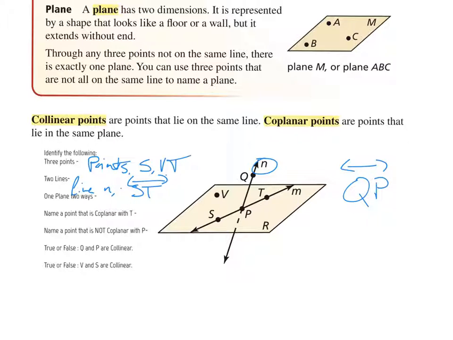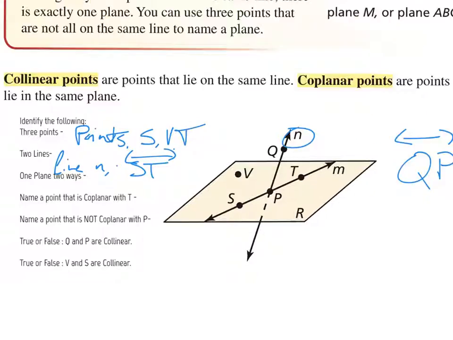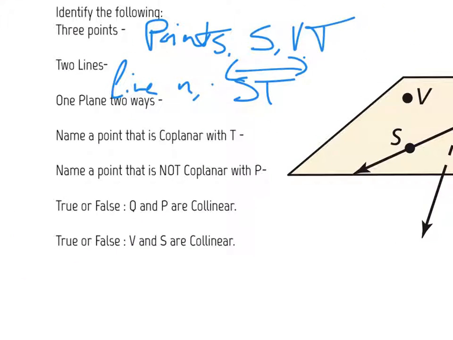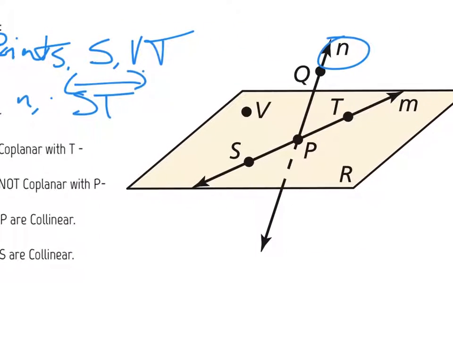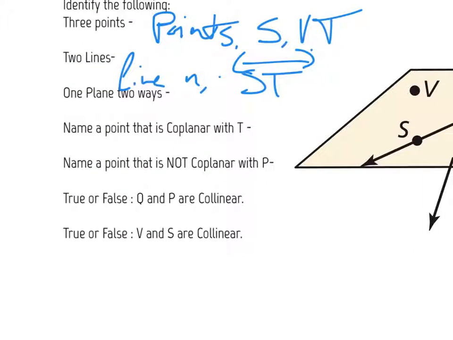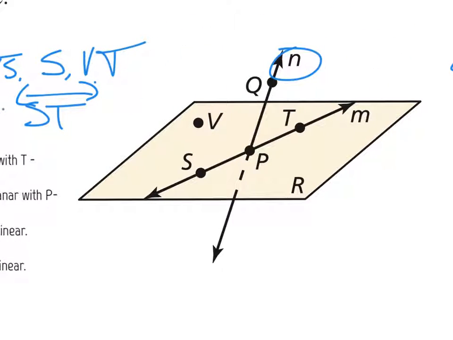One plane in 2 different ways. So I'm going to go ahead and zoom in here. We want to label one plane in 2 different ways. One way of labeling it would be plane R. Also, another way that we could say, we have to write the word plane, and when we're naming it, we have to have 3 non-collinear points.